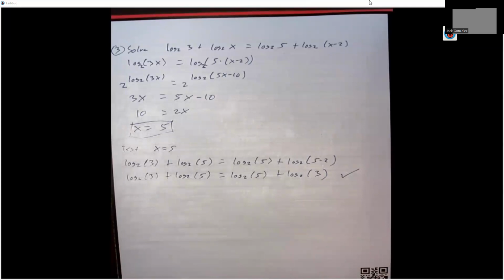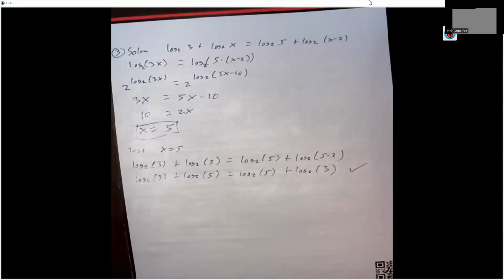The next one will be an exponential equation, not a log equation. You guys okay on this page?